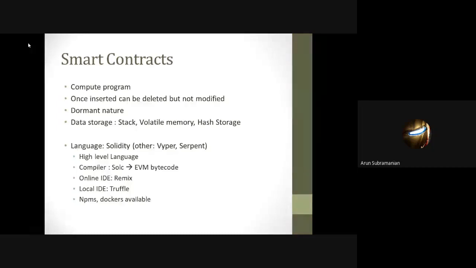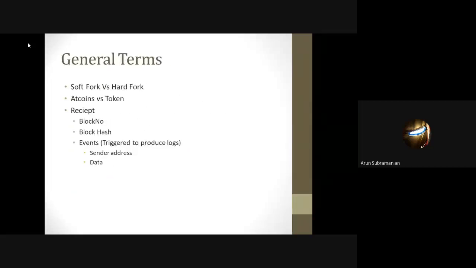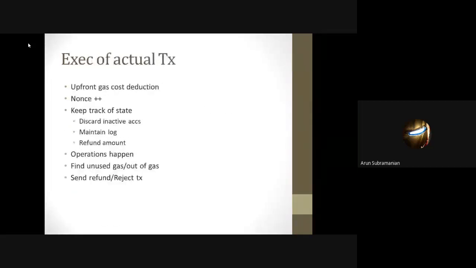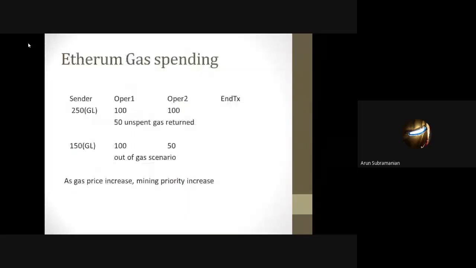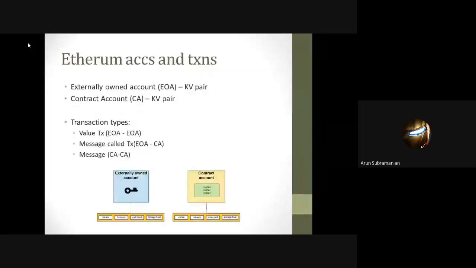The government will execute the smart contract, and the values will be sent back to you as a receipt. Then, seeing that receipt, you again initiate a transaction saying this is the tax I am paying. So if you compare with this analogy, first I will be doing a value transaction.